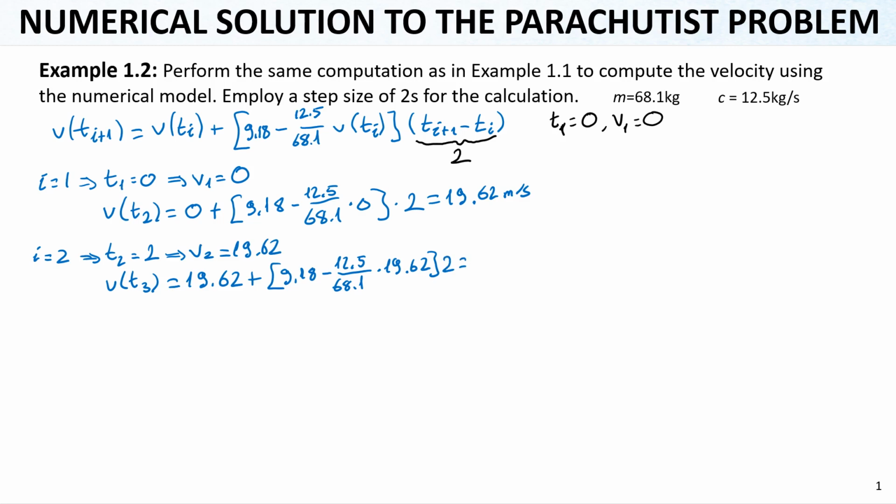And this is equivalent to 32.04 meter per second.